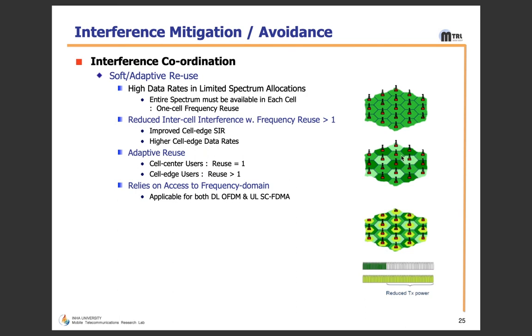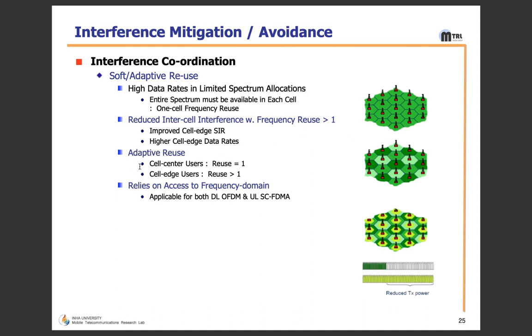Similarly, this medium light green is used here, but this frequency is again not used in the adjacent cells. And the very light green is used here, but it is again not used adjacently. In this case, they can avoid the intercell interference.